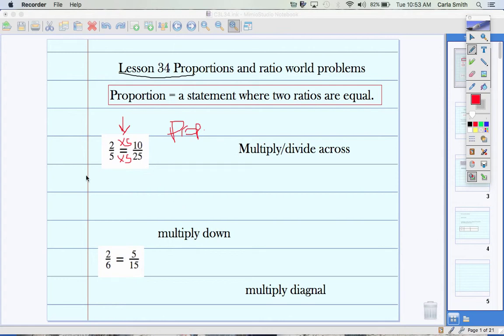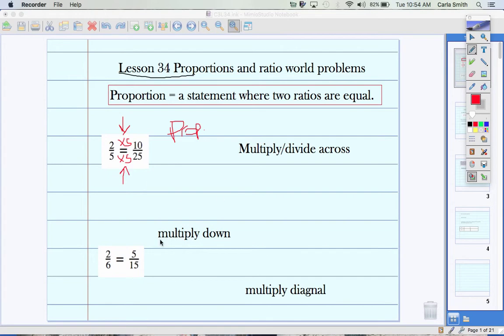If they are not the same, they're not a proportion. Also, you could divide. You could say 10 divided by what gives me 2, and 25 divided by what gives me 5. And then again, both of those numbers are going to be 5.